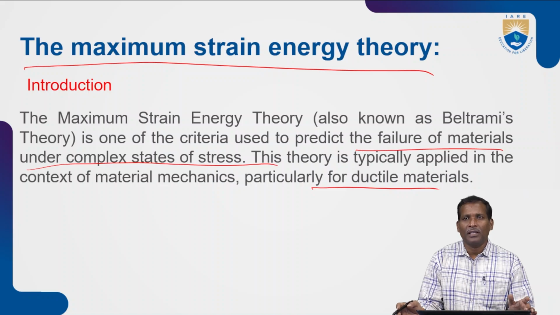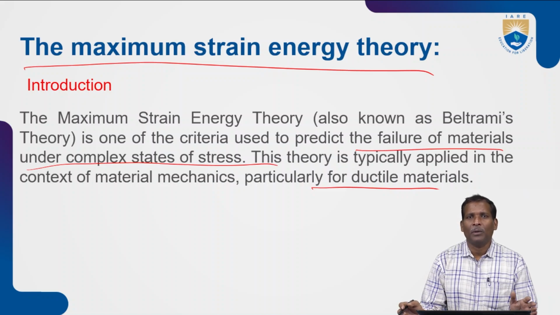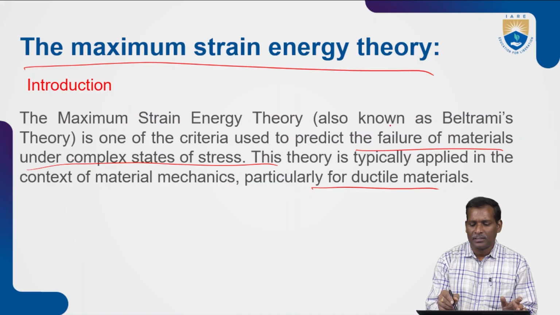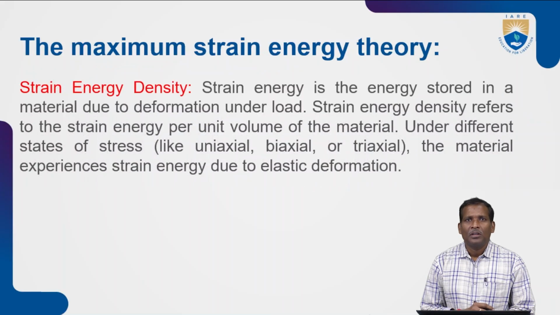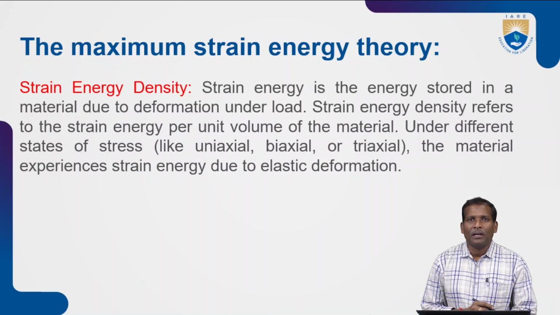This theory is typically applied in material mechanics, particularly for ductile materials. This theory is also known as Beltrami's theory or maximum strain energy theory. In this, the main component is strain energy density.